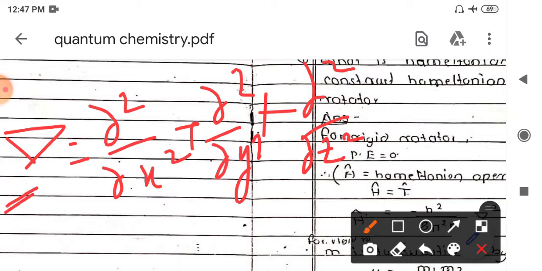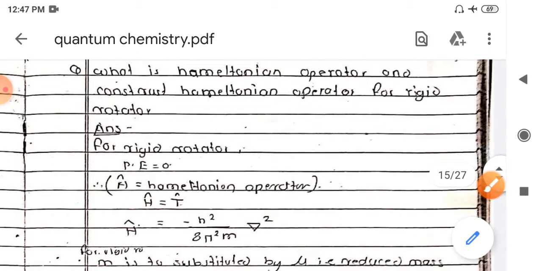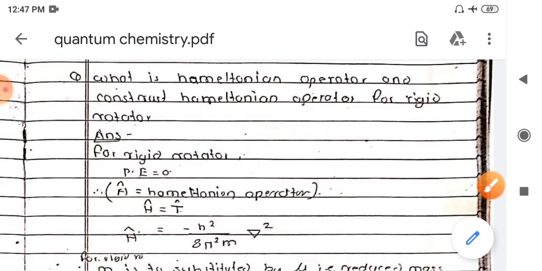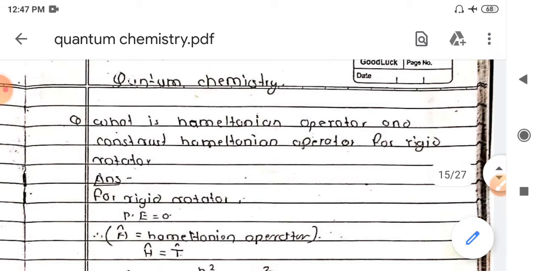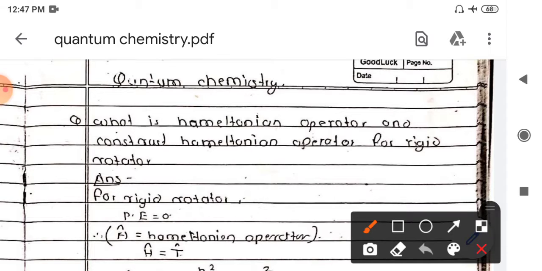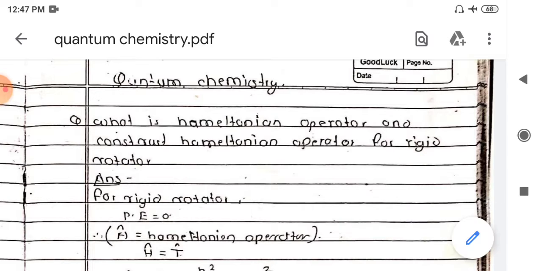We will see how the results are obtained for the rigid rotor, and once we try to solve it, things will become clearer.